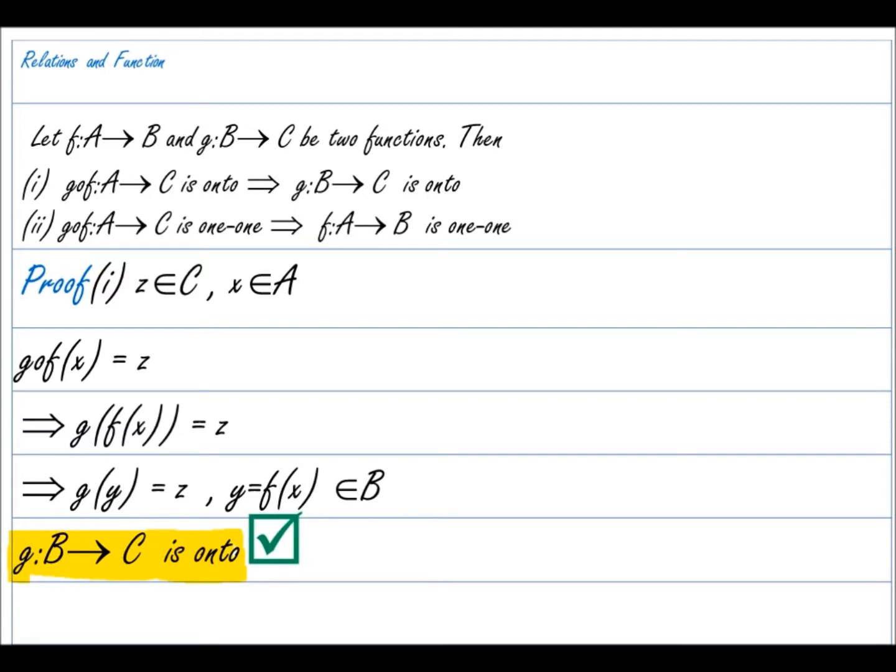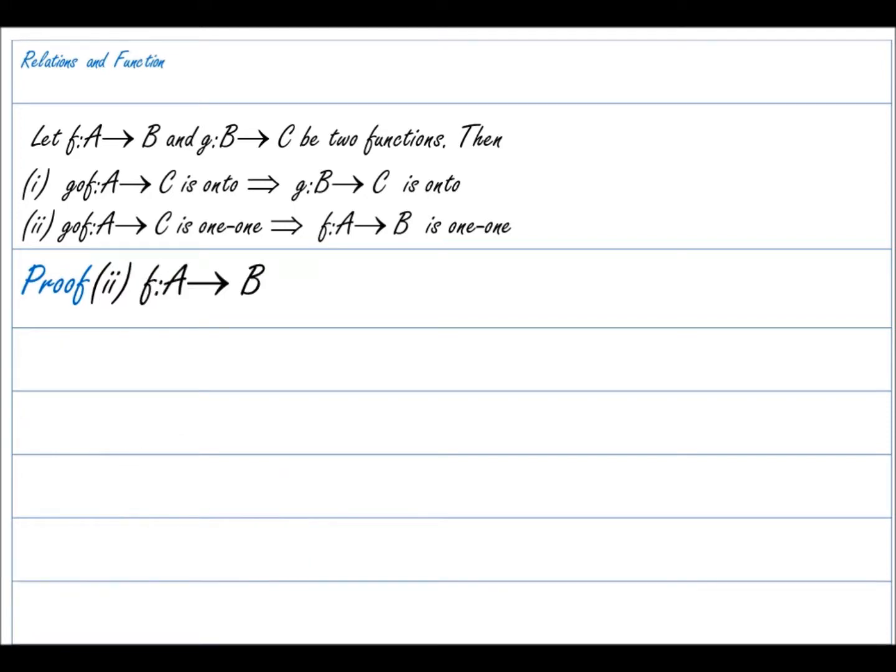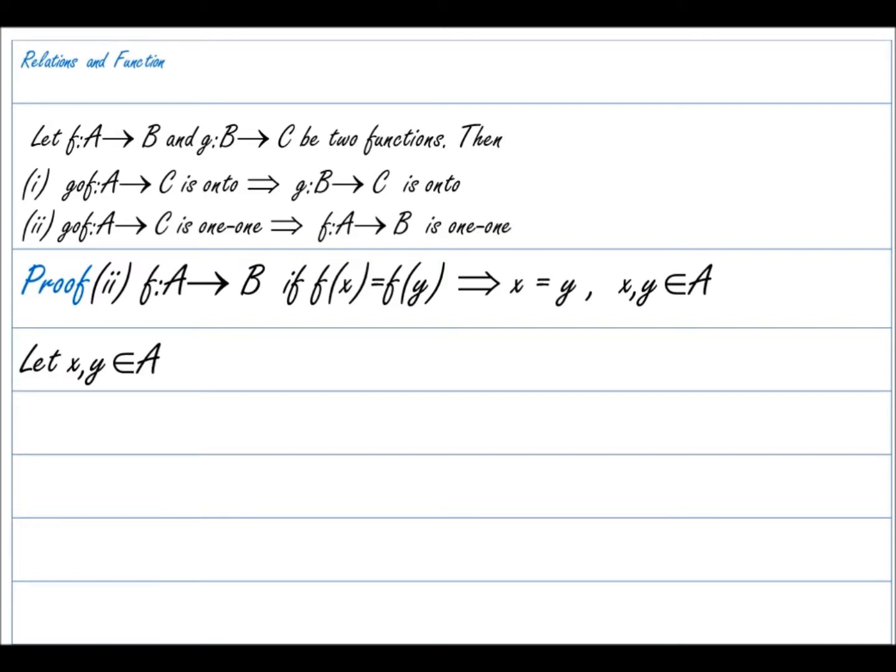Now in the second case, we have to prove f from A to B is a one-to-one function. Now f from A to B will be a one-to-one function if f of x is equal to f of y, then that also means x is equal to y for all x and y which belong to set A. Now suppose x, y belong to set A and f of x is equal to f of y.